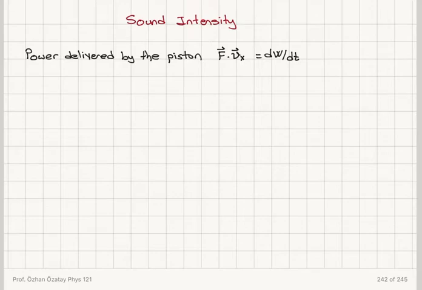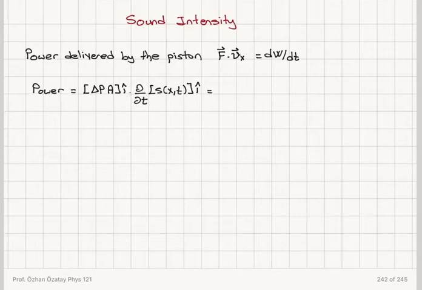So if I write for this power, it is equal to the force that I'm applying, the net force here is delta P times the cross-sectional area A in I hat direction, dotted with the velocity of the gas molecules, that is d/dt of displacement s(x,t) in I hat direction.